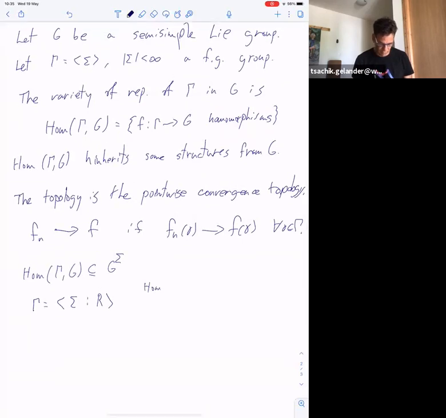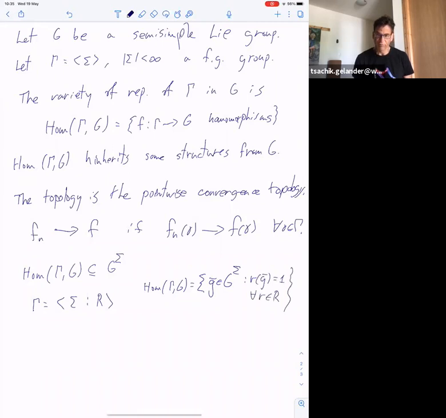So Hom(gamma, G) is the subset of all, you can view it as all tuples inside G to the sigma, such that r(g) equals the identity for every relation r.